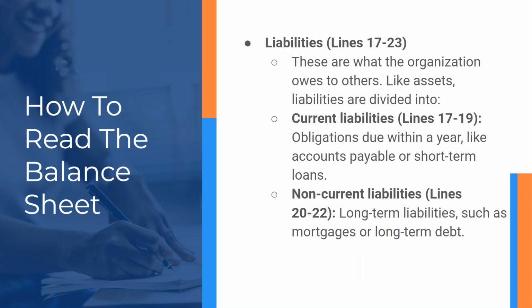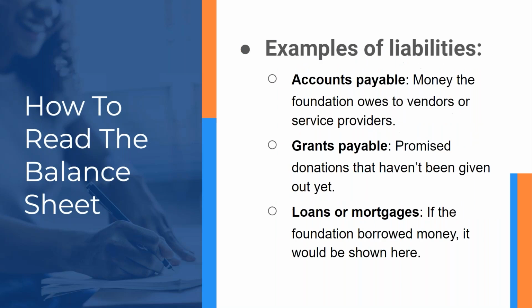Now we'll talk about liabilities, which are what an organization owes to others. Similar to the assets category, liabilities are divided into two categories: current liabilities, which are obligations due within a year, like accounts payable or short-term loans, and non-current liabilities, which are long-term liabilities such as mortgages or long-term debt.